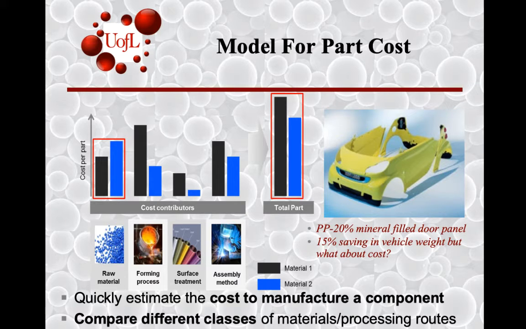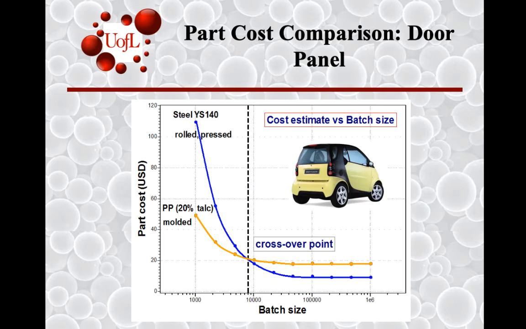We took an example of a door panel last class, and one of the indications that we saw was this: when you map part cost versus batch size, it can turn out that a combination of material and process is better for smaller batch sizes. These are the trends.